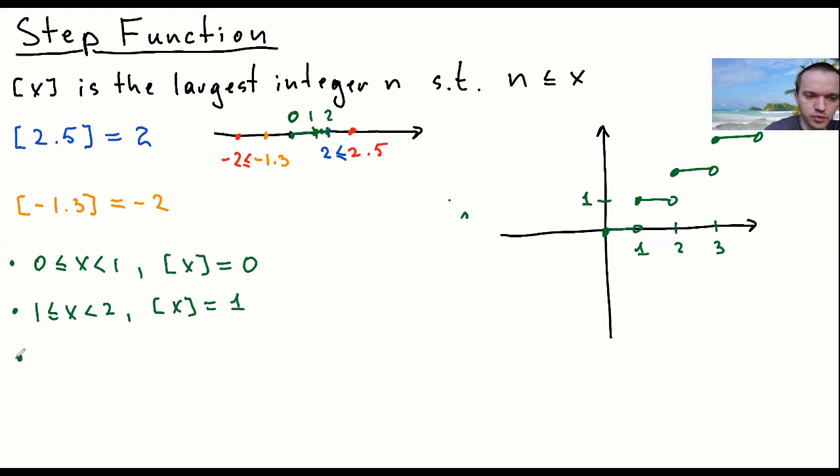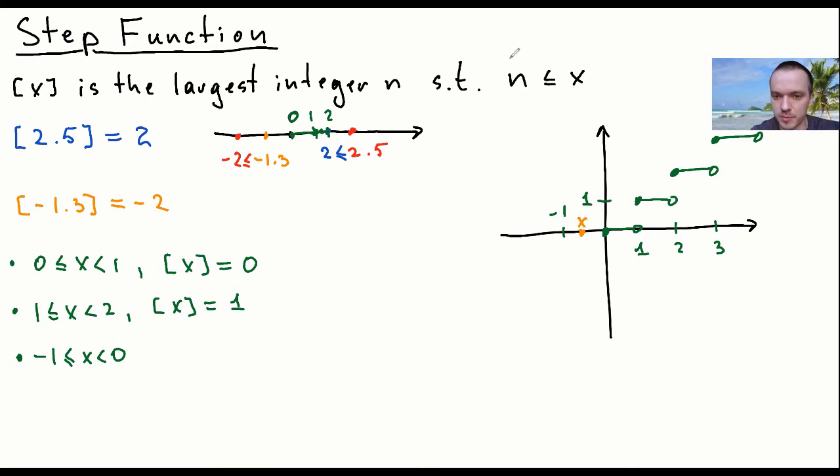Okay, so for the next one, let's analyze x when x changes between negative 1 and 0. Here you can see that I included negative 1, and I didn't include 0 because 0 is already included there. But remember again, if I indicate that this is my negative 1 here, then for any x between negative 1 and 0, negative 1 is going to be the closest integer to the left of my original value of x.